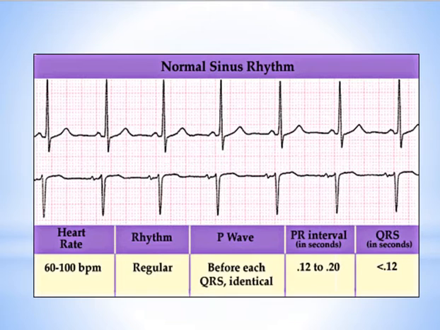We have a very regular rhythm. If we did our measurements, we would have a PR interval of 0.12 to 0.20, and our QRS is less than 0.12. So that is what normal sinus rhythm looks like.